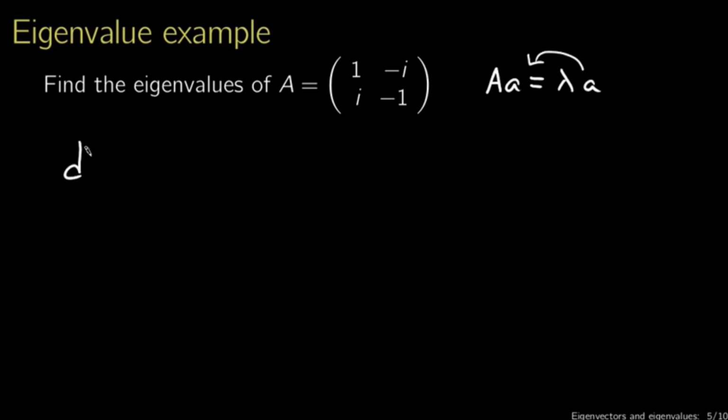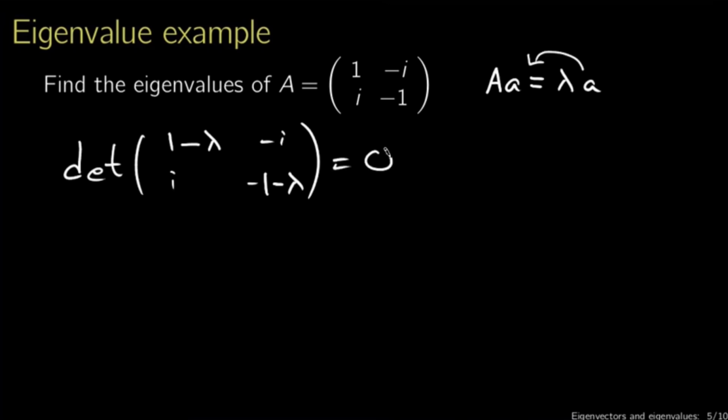That's what's called the characteristic polynomial, the characteristic equation. The determinant of the matrix with entries 1 minus lambda, minus i, i, minus 1 minus lambda is equal to 0. That's our characteristic equation. That's what we get when we rewrite this as A minus lambda times the identity matrix multiplied by a equals 0.